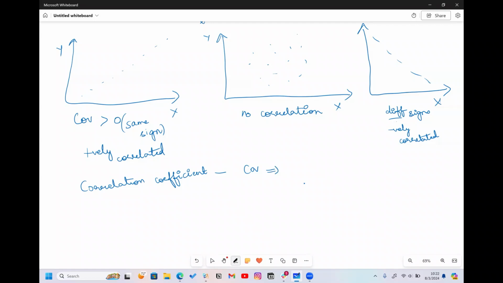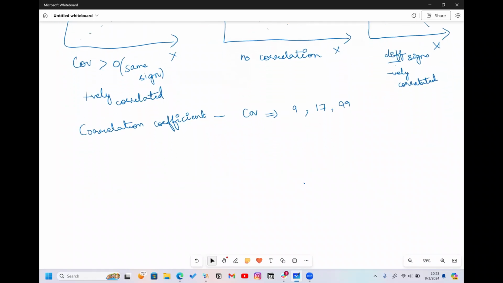Given a value, say 9 or 17 or 99, we don't know what it actually signifies. So we need a way to measure what value means a positive correlation, or how much of a positive correlation between the two.